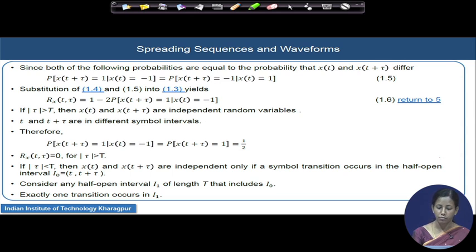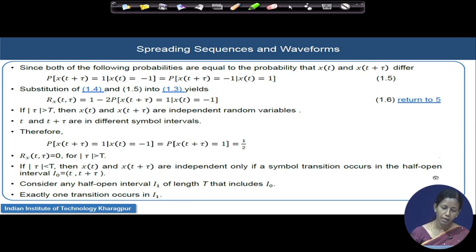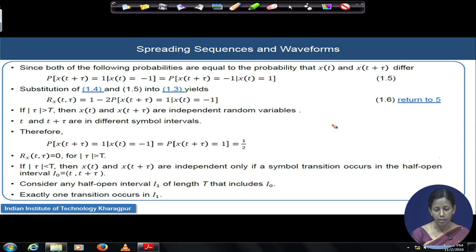Let us consider a situation where the delay tau, wherever it is, in the positive direction or the negative direction, forward or back delay, has a mod value of tau greater than the duration of the symbol, capital T. If this happens, then for the received signal, if this is my duration of transmission of a symbol and the delay is such that it has delayed more than this period, basically you are receiving a completely new symbol, and there is no overlapping of the existing symbol with the next received symbol.